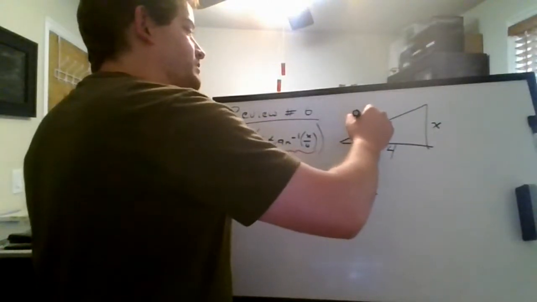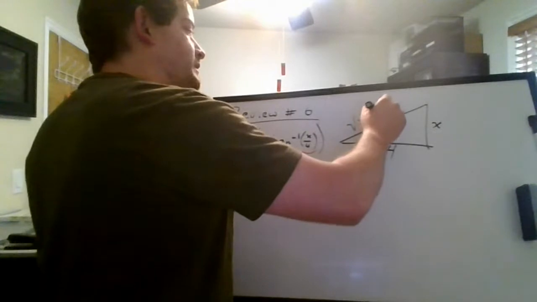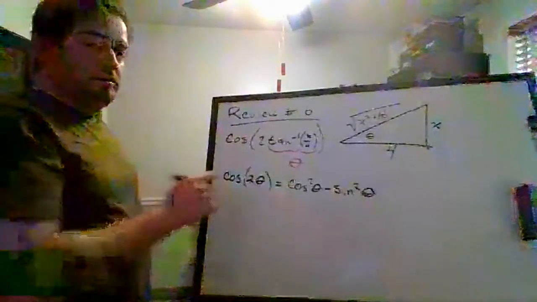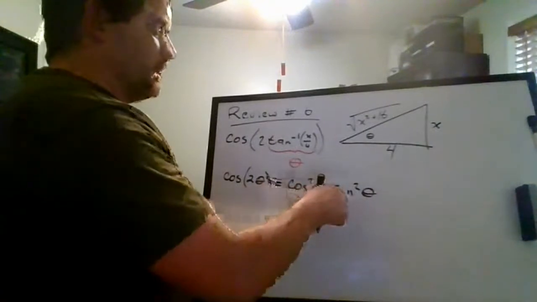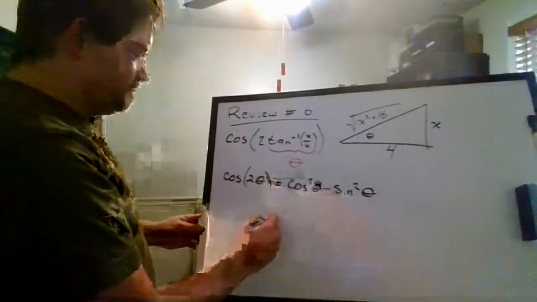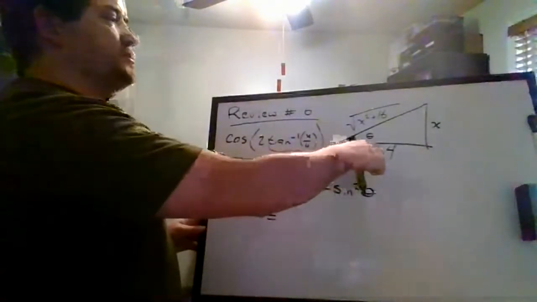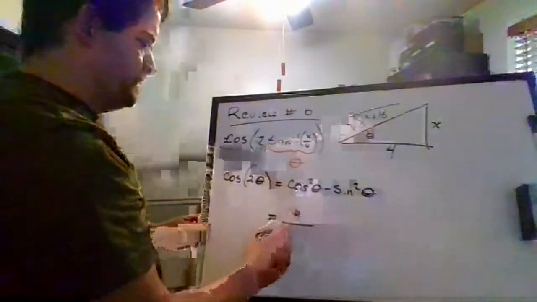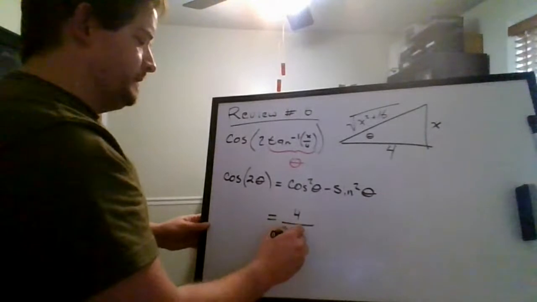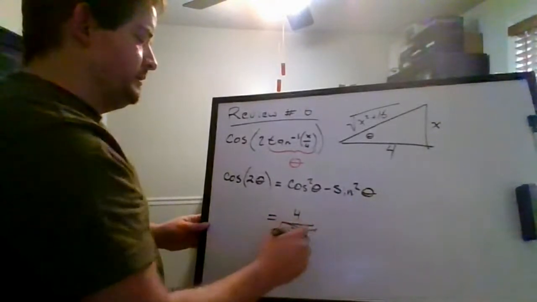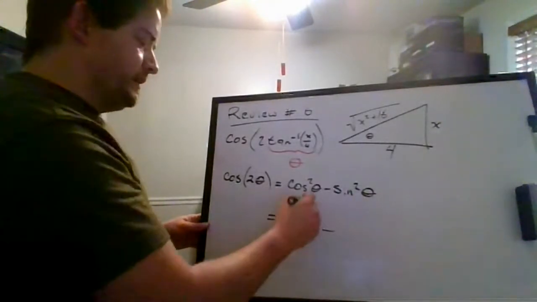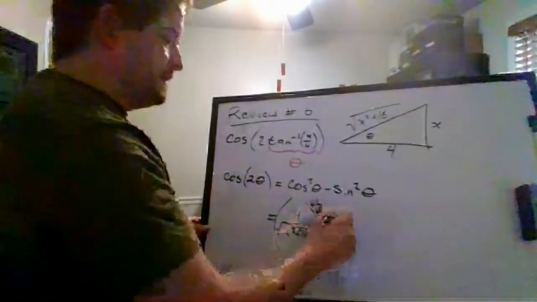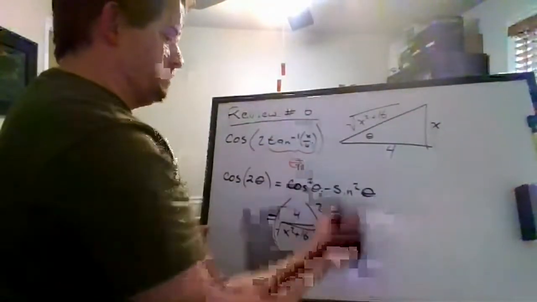So I have x squared plus 16 under a square root. That tells me what cosine is and what sine is. Cosine theta is 4 over that square root of x squared plus 16, and this thing gets squared because it's cosine squared, minus, and then sine is x over that.